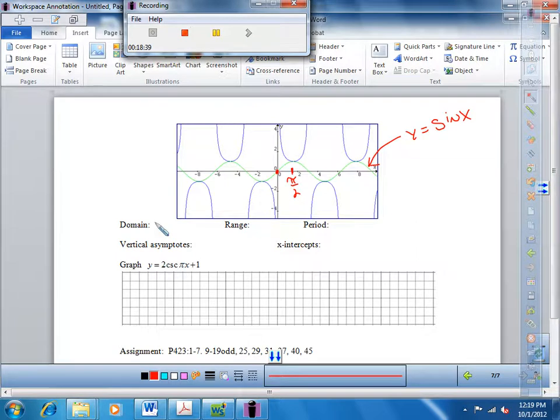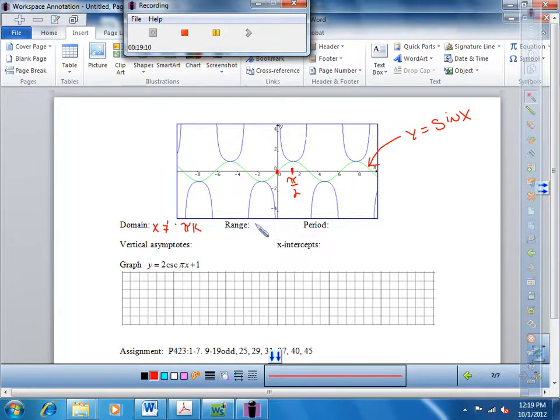So the domain is x is not equal to pi k. Did I say 2 pi k in the last one? Oh no, that was right. X is not equal to pi k because you have asymptotes every pi radians.